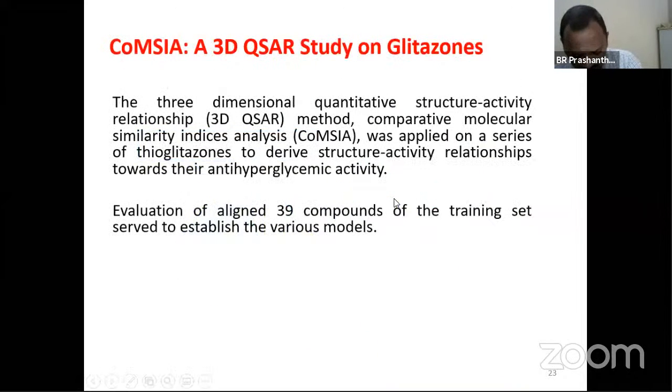Now, for one particular case study, let me take the CoMSIA study we did, to make you understand what CoMSIA is about. CoMSIA is comparative molecular similarity indices analysis. We evaluated 39 aligned compounds in the training set to establish the various models, and 11 compounds in the test set.